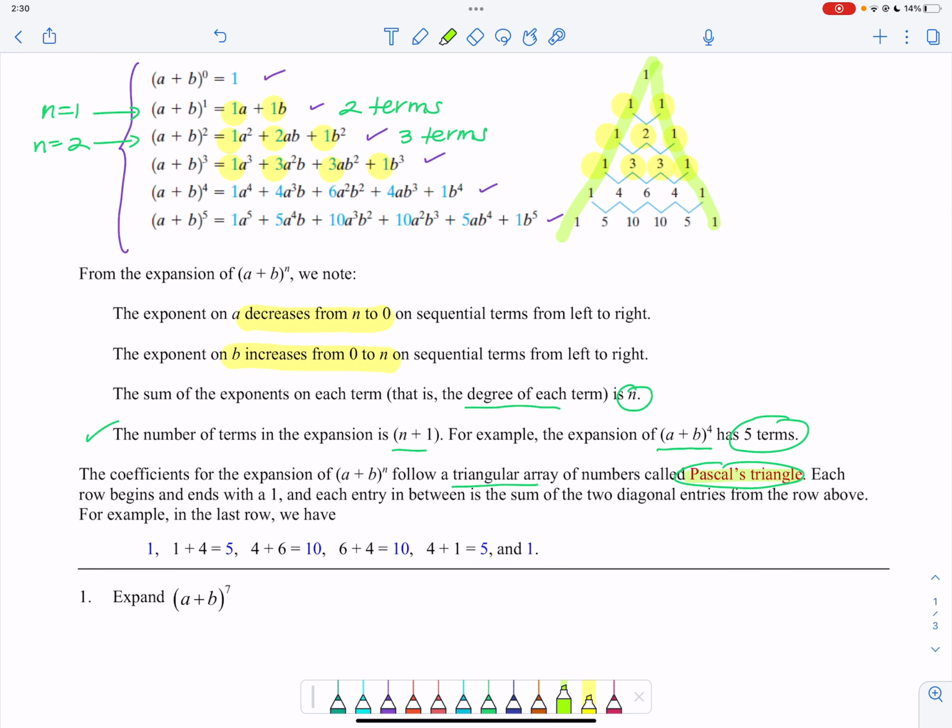And each entry in between is the sum of the 2 diagonal entries from the row above. So here you can see 1 plus 2 is 3, 2 plus 1 is 3, 1 plus 3 is 4, 6 plus 4 is 10, and so forth.